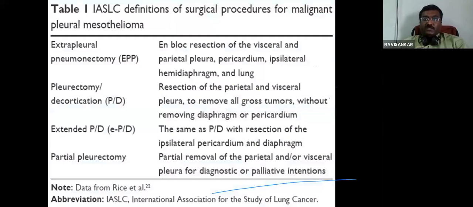The surgical procedures for malignant pleural mesothelioma can be extrapleural pneumonectomy, which is actually a very radical procedure. Then you have a pleurectomy or decortication. You can have something in between that is known as extended pleurectomy or decortication. You can have partial pleurectomy.